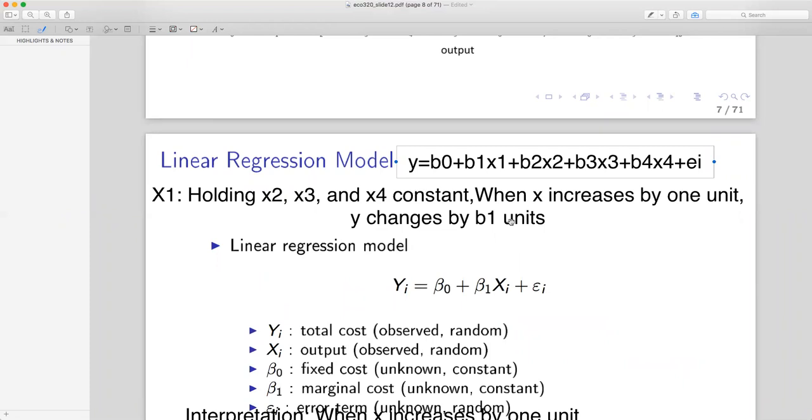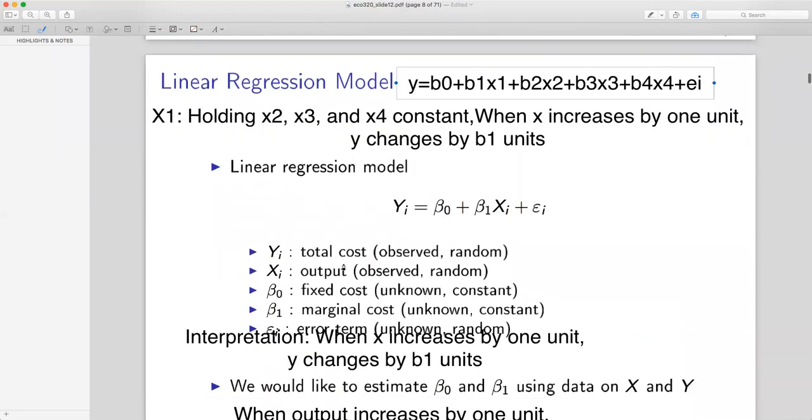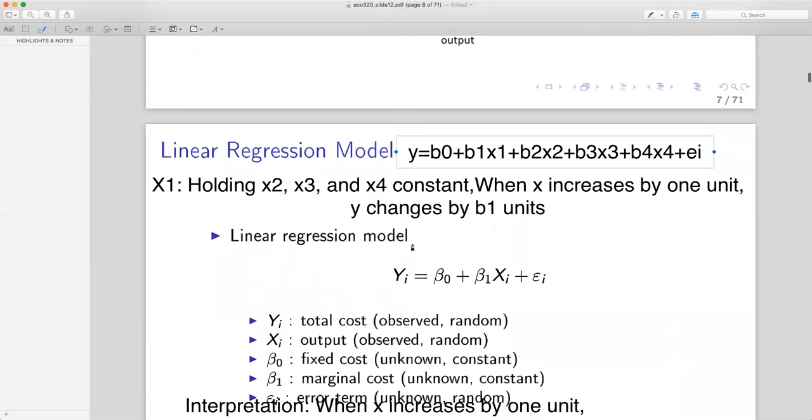So every time the ratio increases by 1, your graduation rate changes. This should change based on your context. Here it was total cost; in our project it's the graduation rate, so it should be a percentage. Your graduation rate changes by a percentage, not units.